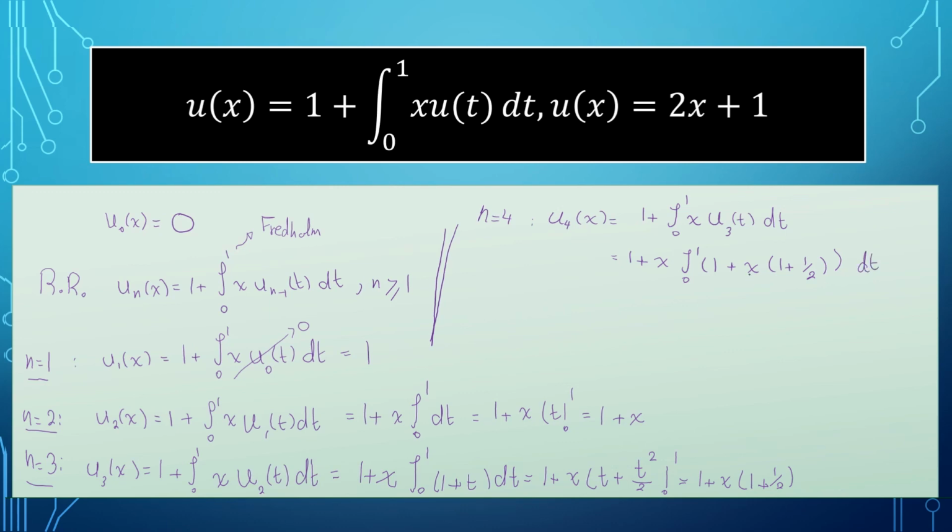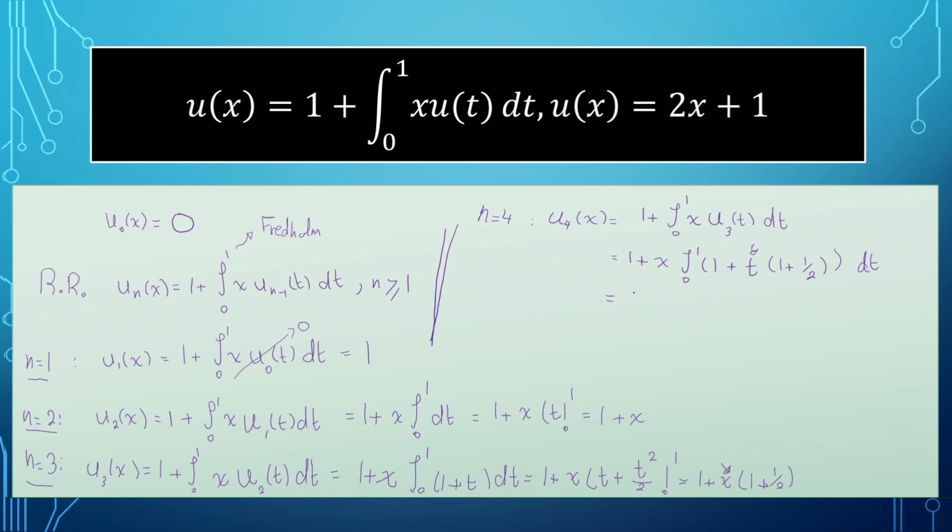Of course, this x should be equal to t, not x, okay? We should represent u3 of x as u3 of t here. That's why we exchange this x and write it as the parameter t.